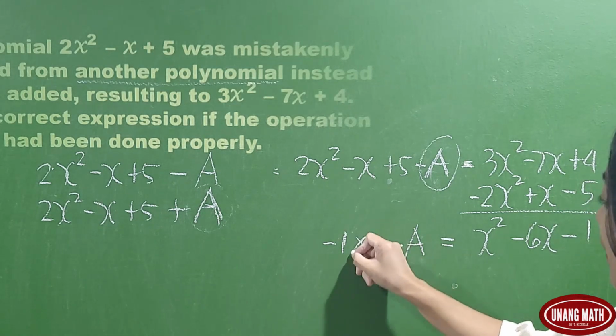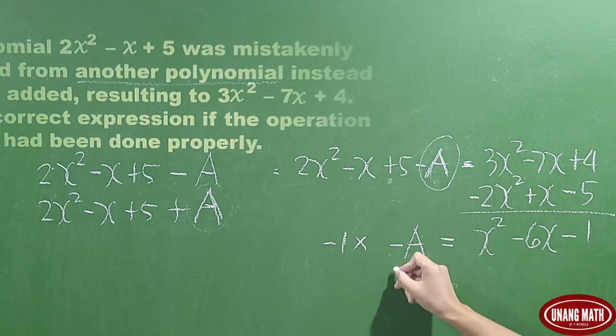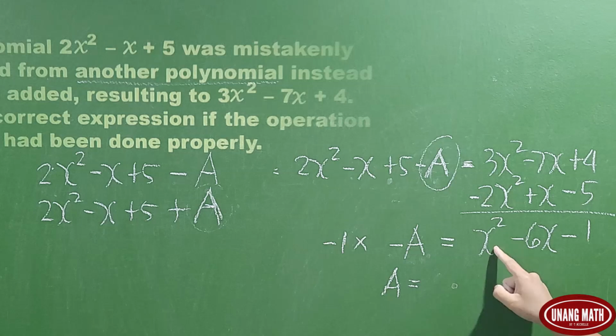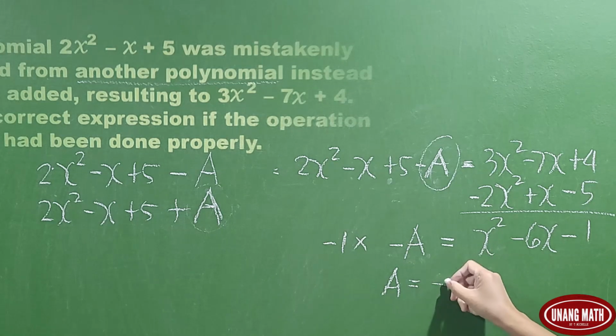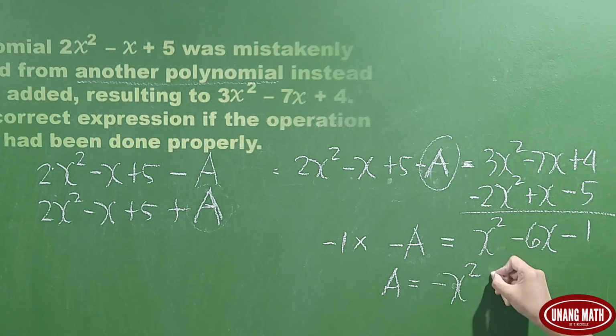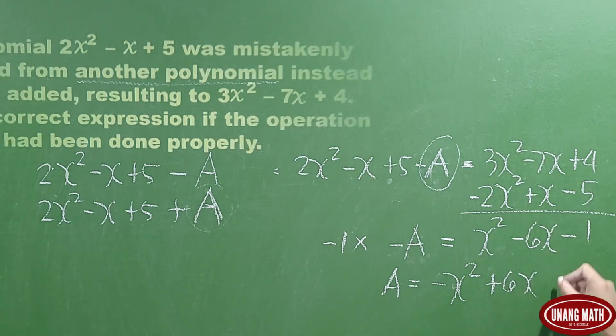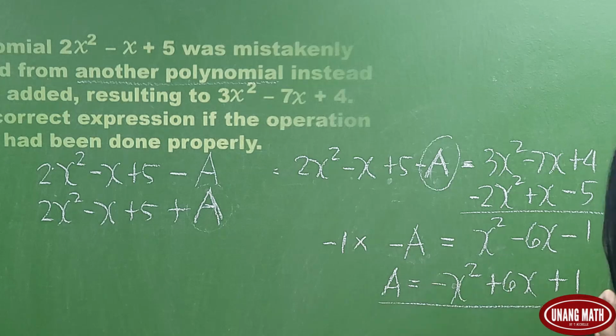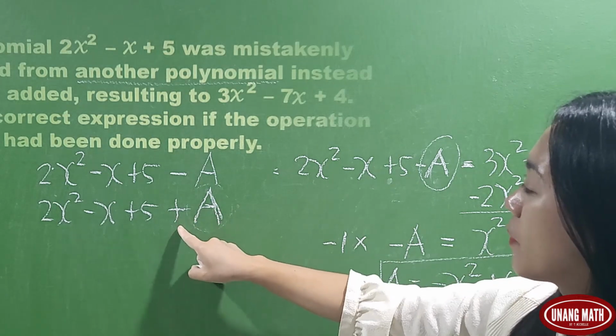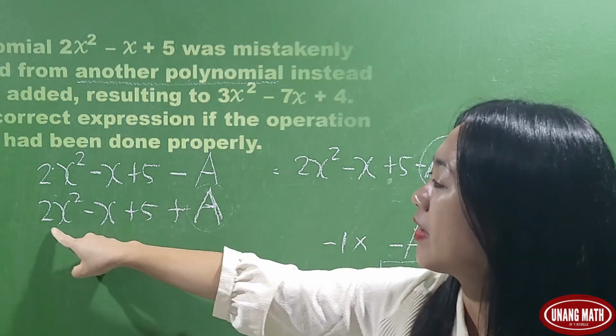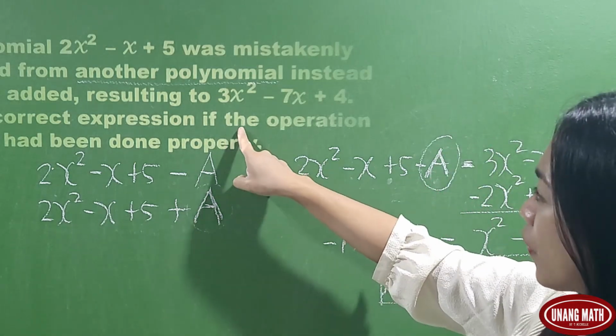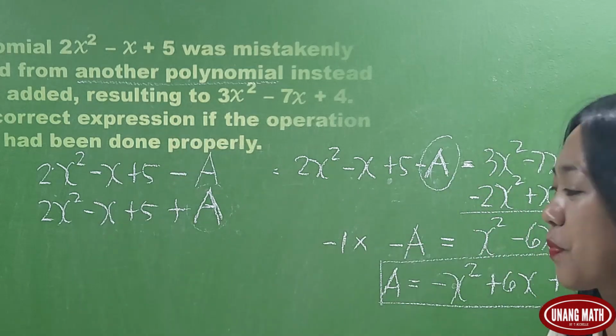So negative 1 times negative a, then this is now positive a. So it means this one becomes negative x squared plus 6x plus 1. Okay, so since this is the value of a already, what we have to do is we need to add to this expression to find the correct expression.